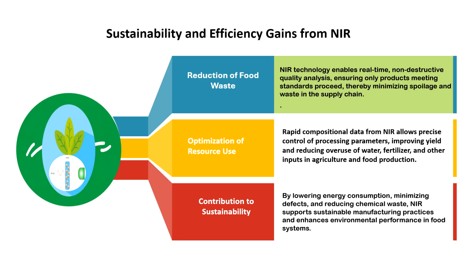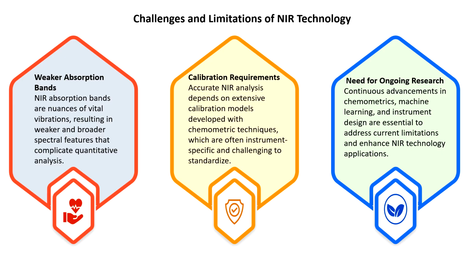Rapid compositional data from NIR allows precise control of processing parameters, improving the yield and reducing overuse of water, fertilizer, and other inputs in agriculture and food production. Contribution to sustainability. By lowering energy consumption, minimizing defects, and reducing chemical waste, NIR supports sustainable manufacturing practices and enhances environmental performance in food systems.